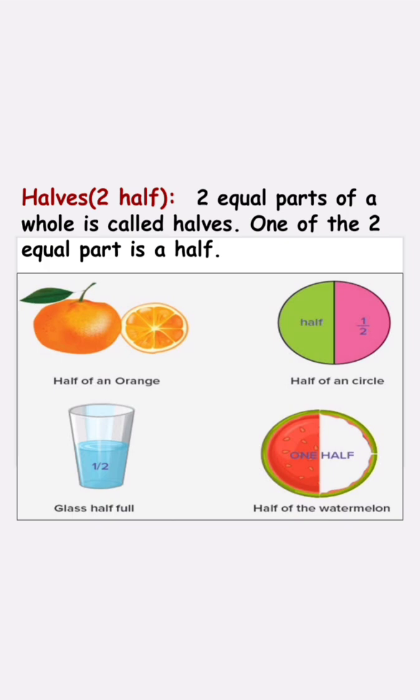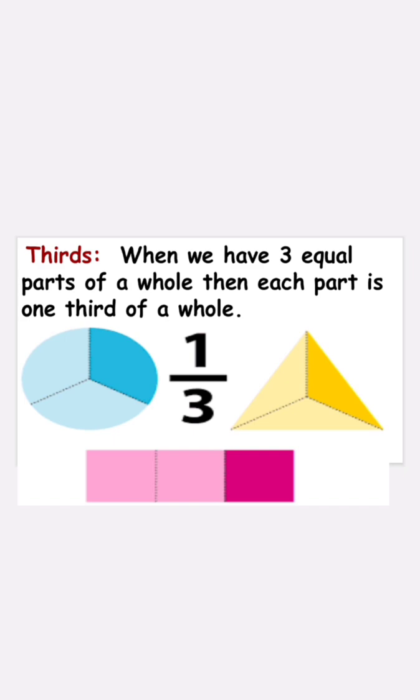Half glass of water. Glass half full. Half is empty, half is full. Half of the watermelon. So, when we are cutting the object in 2 equal parts, each part is known as a half.